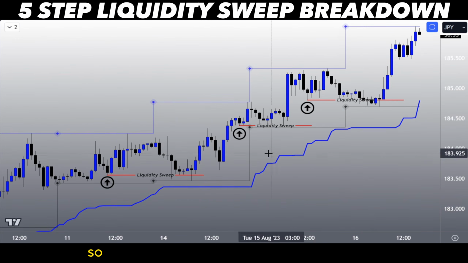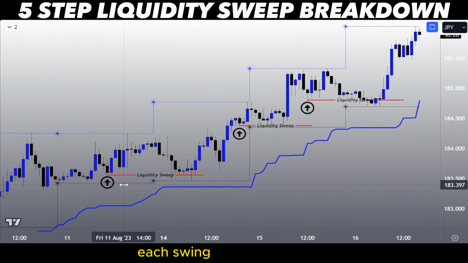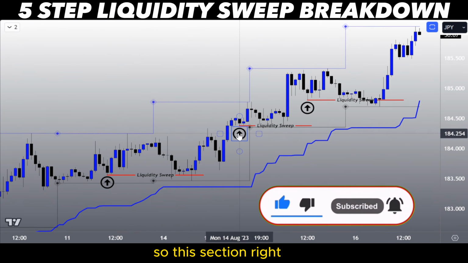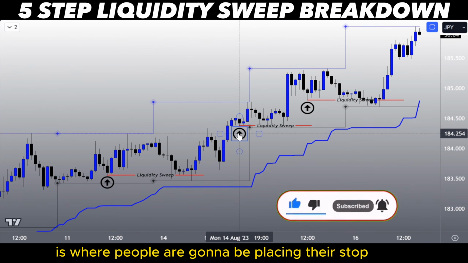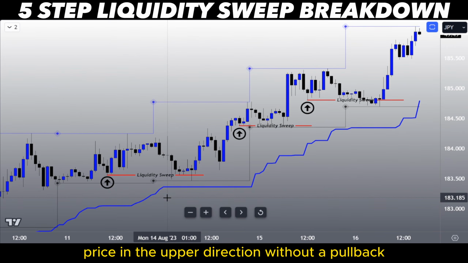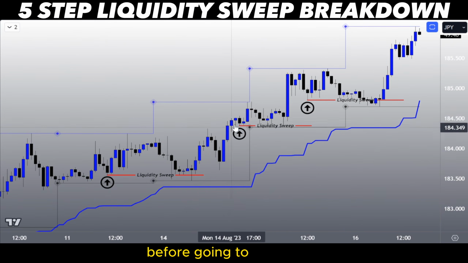So these swing points are the levels of liquidity. Each swing point has liquidity. So liquidity is where traders all over the world are placing their stop losses. So this section right here is where people are going to be placing their stop losses. Because the major banks cannot just continue moving price in the upward direction without a pullback, whenever the price comes back for a pullback, it's going to grab the stop losses of traders before going to the upside.